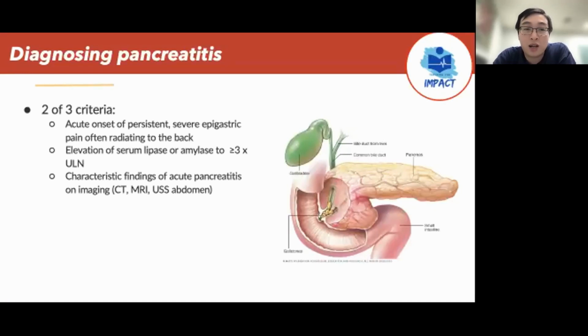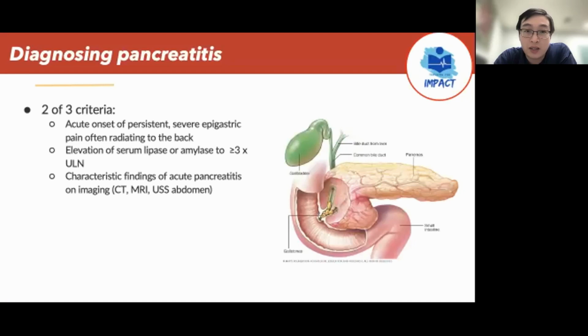The clinical criteria are symptoms that match pancreatitis, acute onset of persistent severe epigastric pain radiating to the back. Laboratory, so you need an elevation of serum lipase or amylase to at least 3 times the upper limit of normal. If it's not at least 3 times the upper limit of normal, pancreatitis is very unlikely.